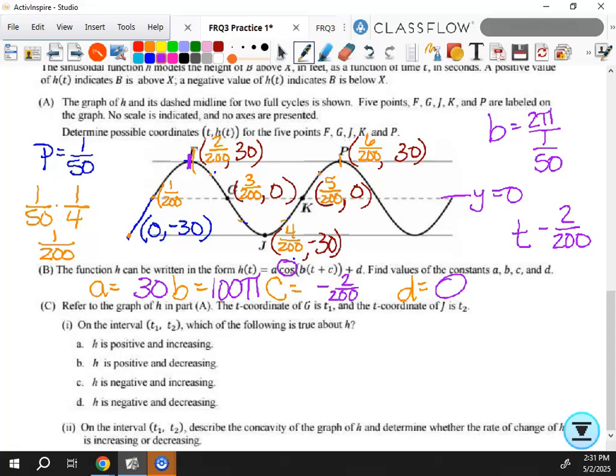So we were all very curious as to what Angel did, right? So I'm going to write his in a different color. I'll do the light pink. Okay, so D is the same. I'm guessing he probably started out with a positive 30 right there. Is that right? Okay. And then B is still 100 pi. Yep.